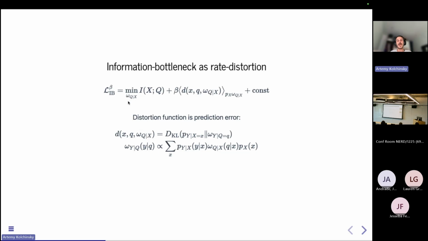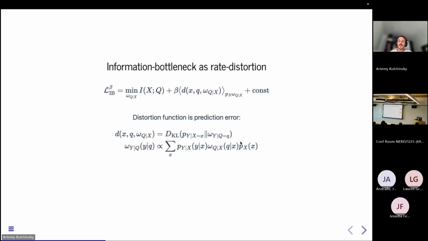So we're going to have some coarse graining, and then this decoding map is going to undo that coarse graining by using Bayes' rule. So it's like, if we can undo the coarse graining to best predict Y, what would be the Kullback-Leibler divergence?